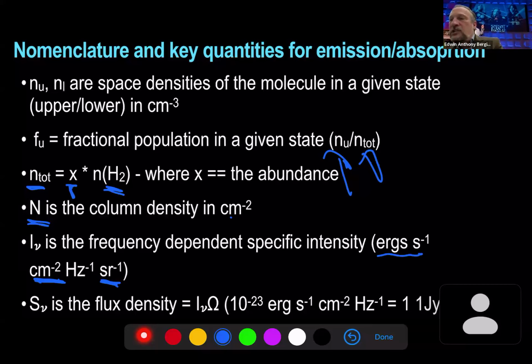There's a certain energy associated with that emission: energy per second, how many molecules are there, how far it is diffusing out into space, and at a certain frequency, because I'm tuning my telescope to where CO is in frequency space. We also have something we call the flux density, which is this specific intensity times the source size, in steradians.